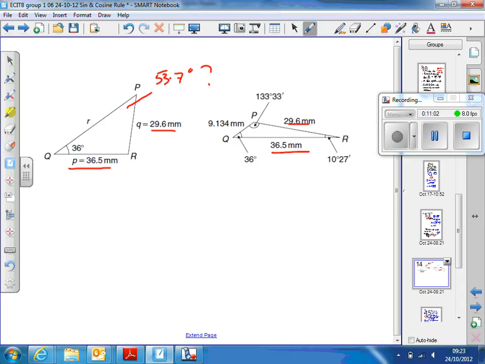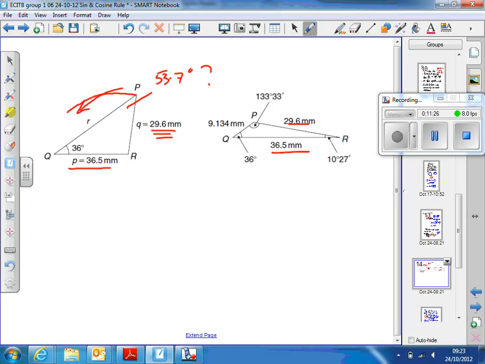It's as though this angle here could have come round like this. This is still 29.6 millimeters, but this line has come round to give us a different distance between P and Q.